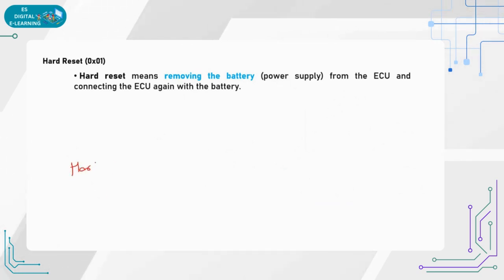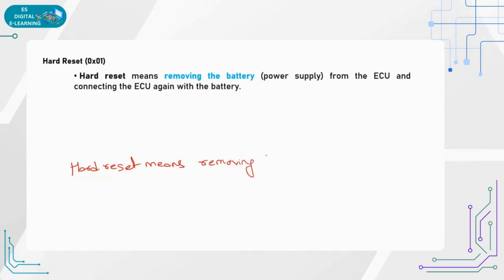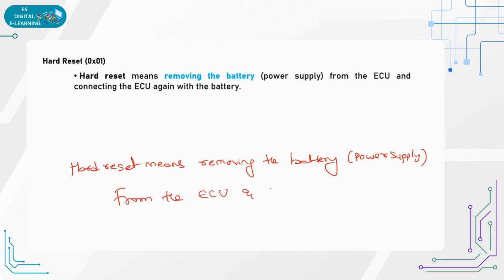Hard reset means removing the battery, the power supply, from the ECU and connecting the ECU again with the battery.